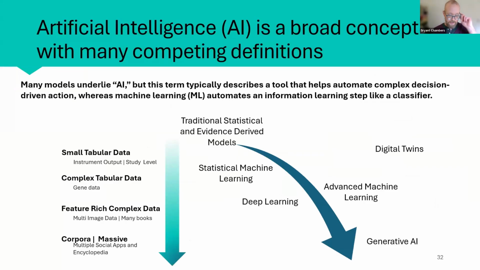So I'll jump forward here and go back through some of the stuff we've seen and classify how I'm going to frame some of these models in this talk. So many models underlie AI. This term typically describes a bunch of tools that help automate complex decision-driven action, whereas machine learning tends to automate information learning as a step, like a classifier. So is this a complex set of decisions that need some kind of intelligence to get to the end of, or am I making a simple assumption about whether this is a this or a that?